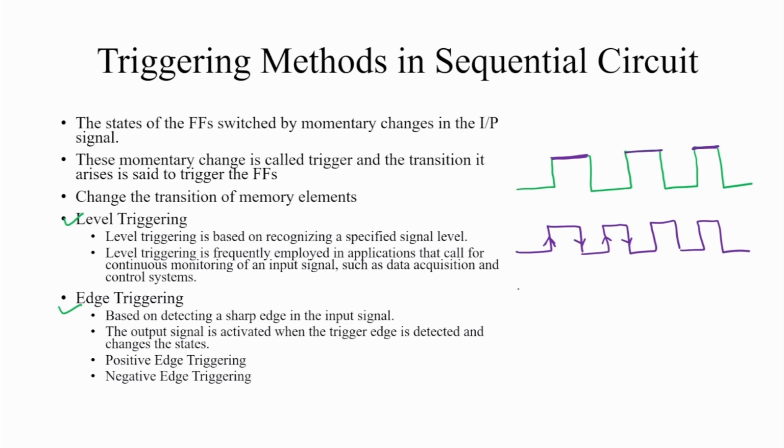Suppose the circuit starts functioning from here, and once the clock is high, the output is high. Whatever the change in input, the output stays high up to the next rising edge. Then suppose it is low, it stays low from the second rising edge up to the next, and again suppose it is high, then it stays high up to here, and then low, and so on.